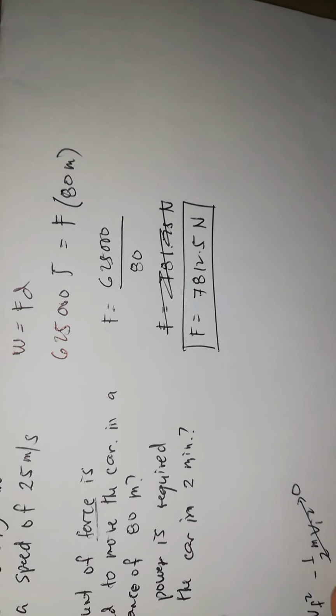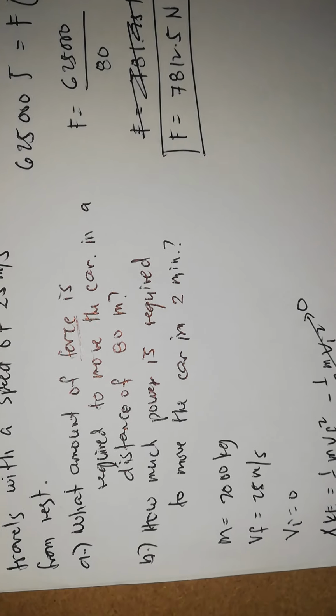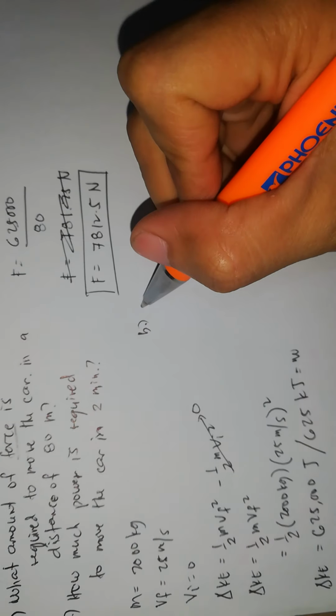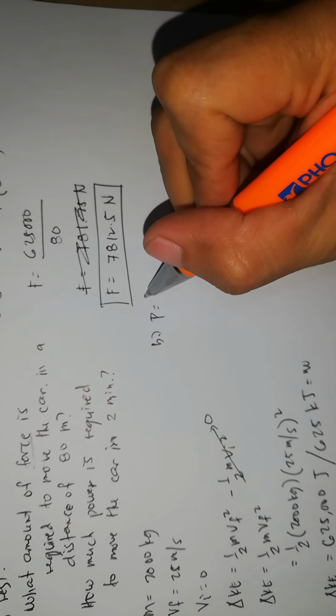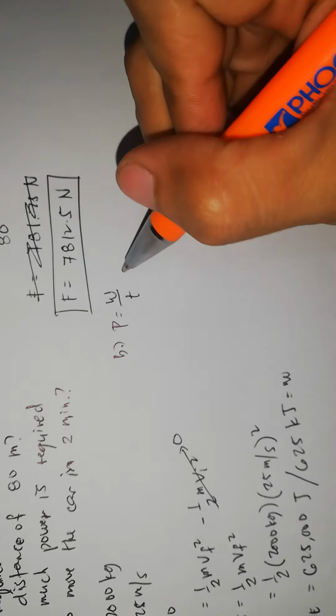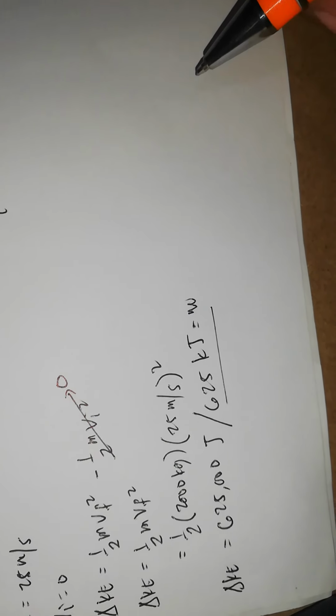And for letter B, okay, how much power is required to move the car in 2 minutes? Okay, so for letter B, power is equal to work divided by the time. So what is the work? Ito siya, 625 kilojoules.